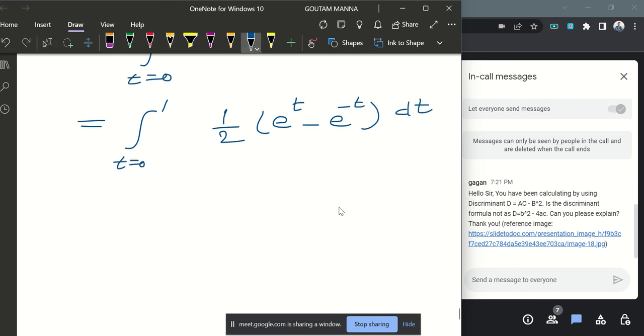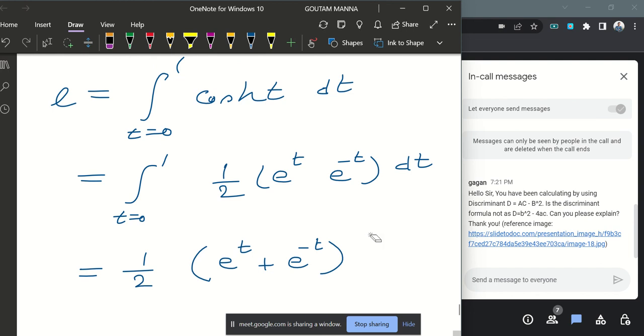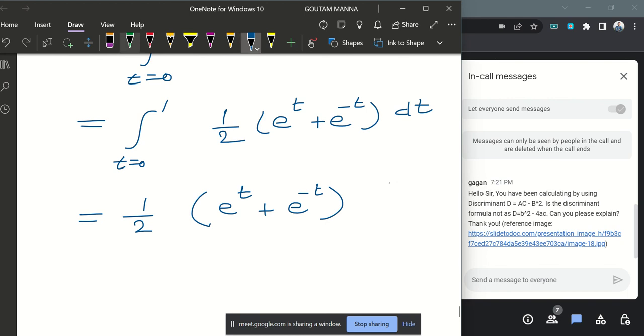And now if you do the integration, it will be 1/2, again e^t, and since the integral of e^(-t) gives a minus, it will be minus e^(-t). The limit is 0 to 1.